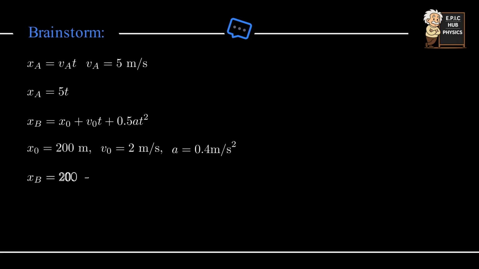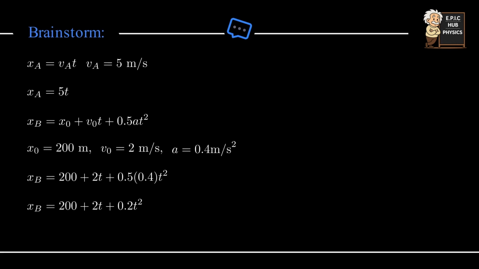Substituting these values gives displacement of B equals 200 plus 2t plus 1/2 multiplied by 0.40 multiplied by t squared. Since 1/2 multiplied by 0.40 equals 0.20, this becomes displacement of B equals 200 plus 2t plus 0.2t squared.